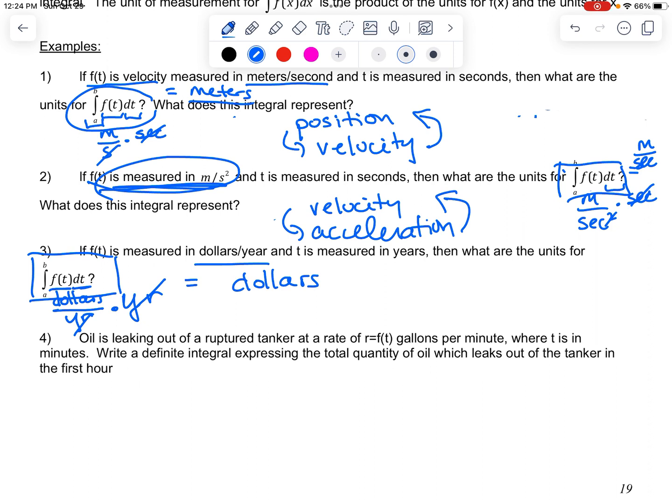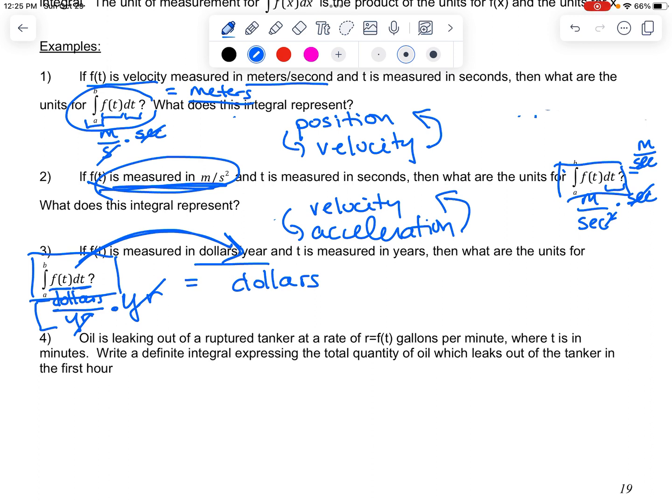Now this leads to the next idea. We started with the rate, dollars per year, and the definite integral leads me to just dollars. If you take the integral of a rate, you end up back with the value of that y quantity, or sometimes I call it the population.